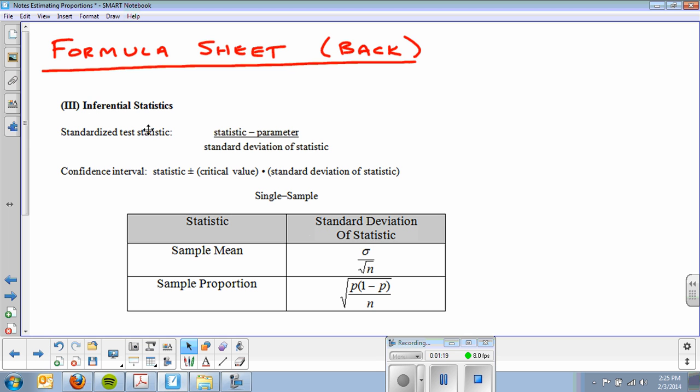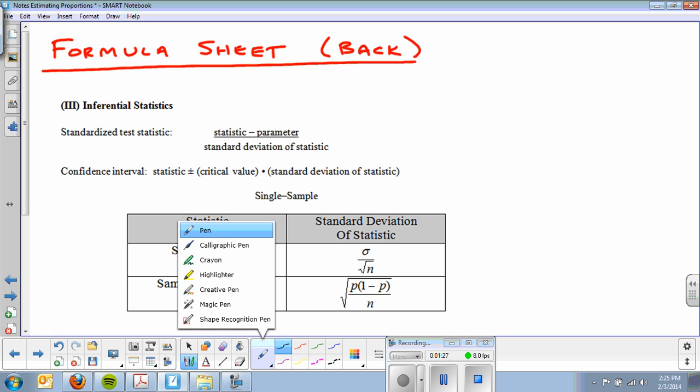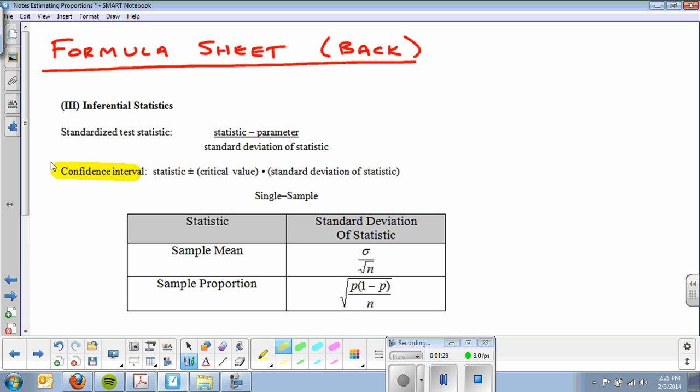Okay. Now on your formula sheet, again, I talked about this a little bit, but we have some formulas on the back side of the formula sheet, and we have a quick general formula for a confidence interval, and it's the statistic plus or minus the critical value times the standard deviation of the statistic. And we'll be dealing with sample proportions, and we're looking at this formula right here, which should look familiar.